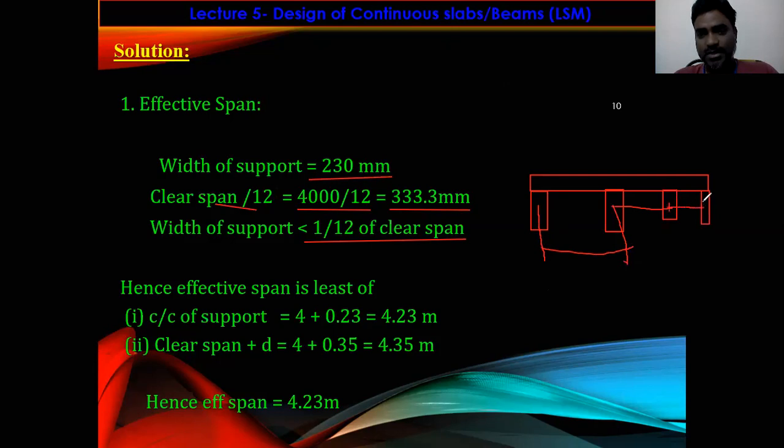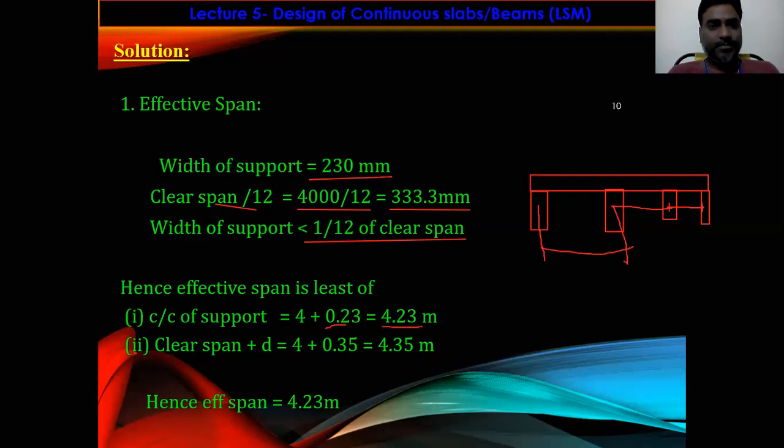So the clear span is 4 meters plus 0.23 by 2 on each side, so 4 plus 0.23 by 2, 0.23 by 2, you will get 4.23 meters.